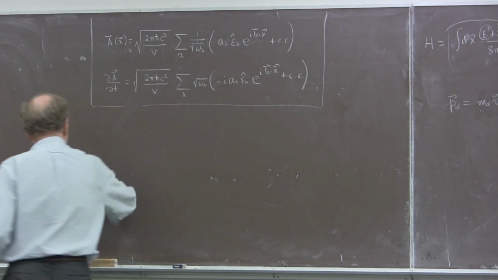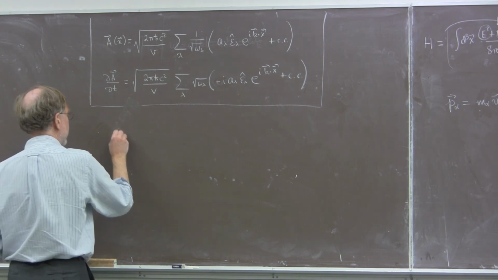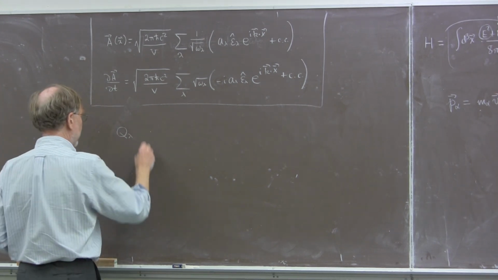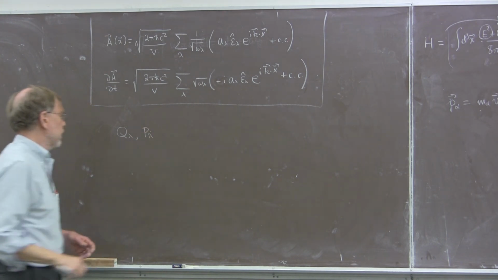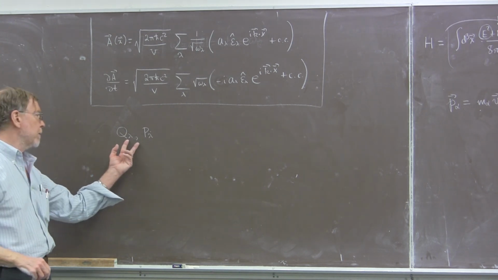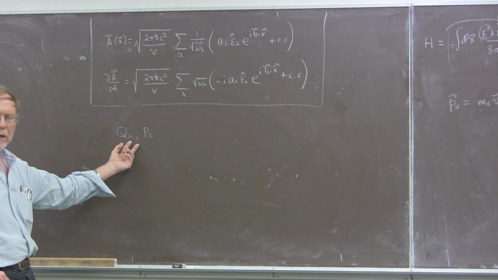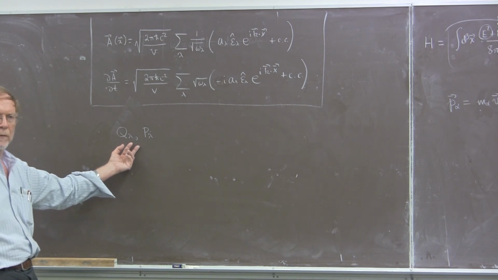When we pass from a classical system to a quantum system, if the classical system has Q's and P's, which in the present context, speaking of the free field, are these variables I'm calling capital Q lambda and capital P lambda, these classical c-number variables become reinterpreted as operators. And they're required to satisfy certain commutation relations, which are a reflection of the Poisson bracket relations satisfied by the analogous classical variables.